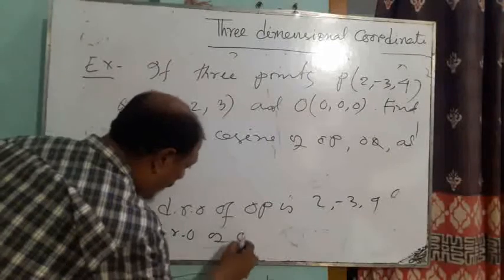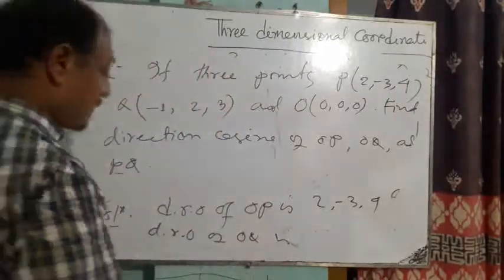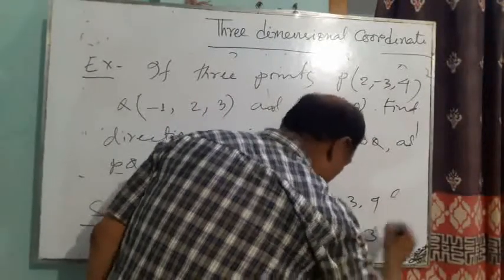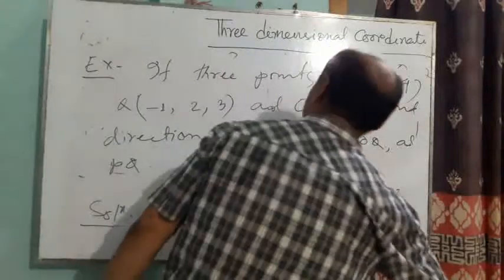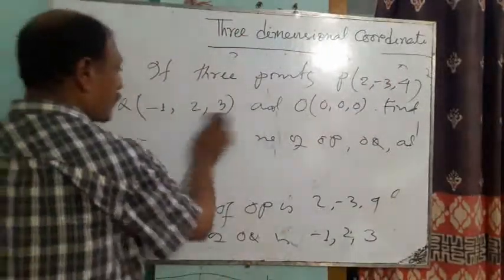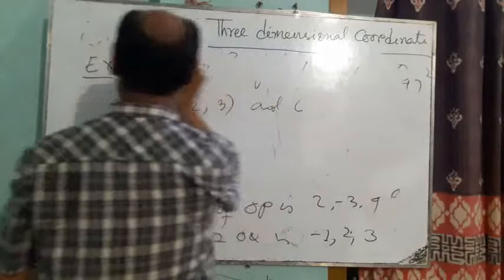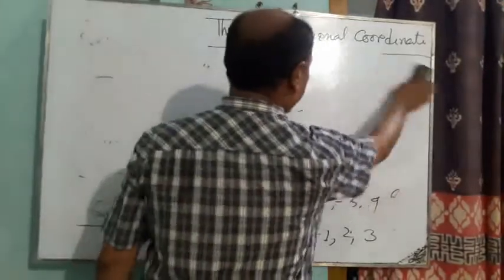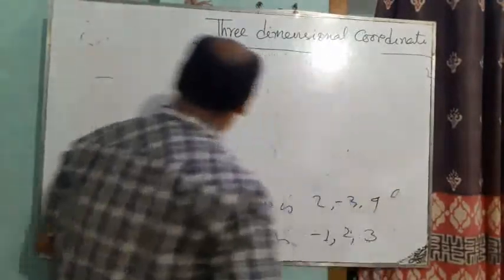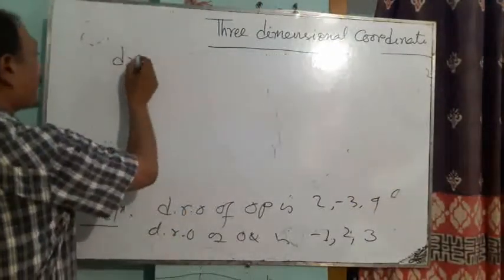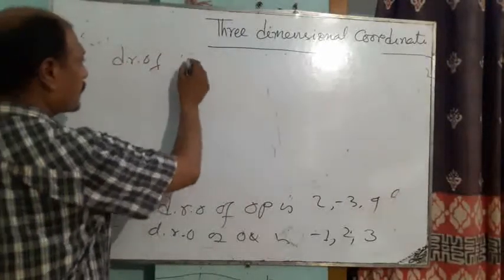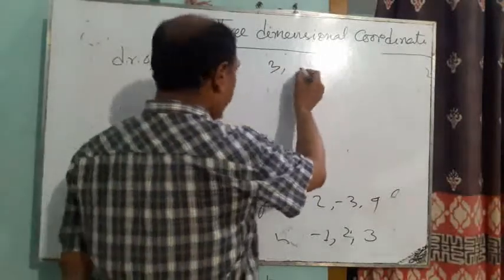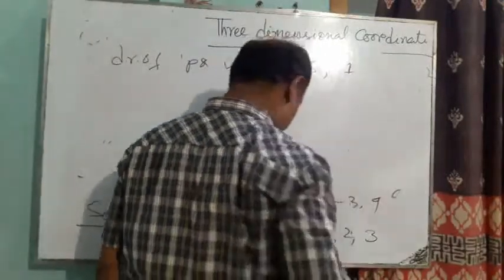The direction ratios of OQ are minus 1, 2, 3, and the direction ratios of PQ are 3, minus 5, 1.